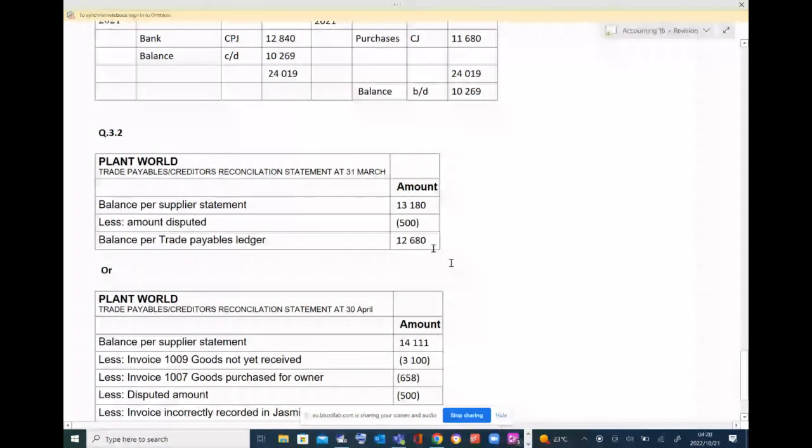Sorry, you may have already answered, but I'm also learning. So for March, they're basically saying that 500 is what caused there to be a difference in terms of amounts. Because Plant World hasn't recorded it on their side, but we have accepted it and recorded it. That's basically what's happening here.